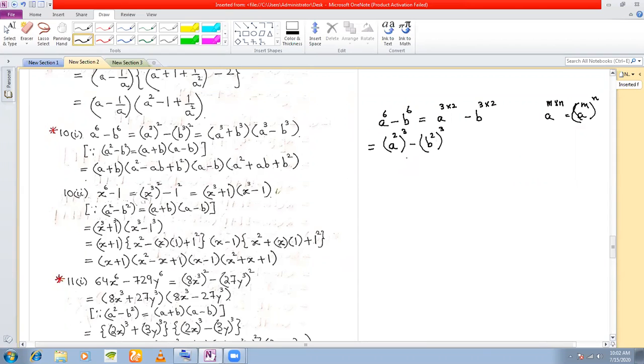Or I can also write it this way: a cube whole square minus b cube whole square. Yes or no? Yes, sir. Both ways I can write. If I write a cube whole square, it will be a little easier for us.